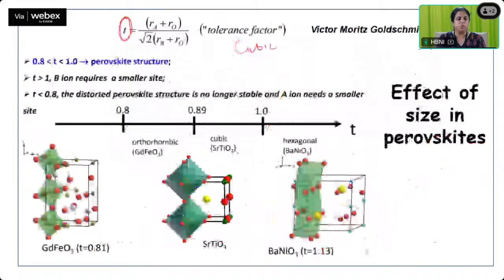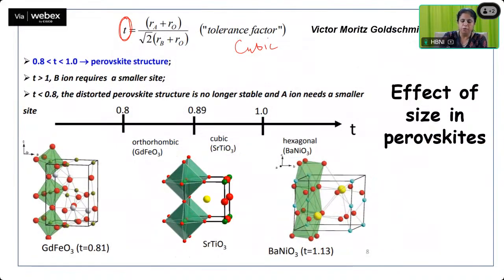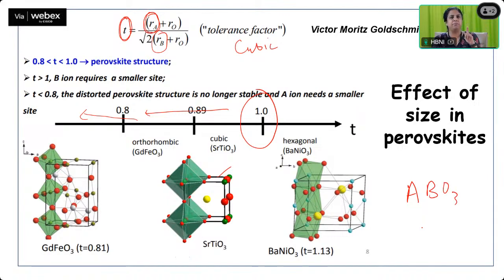And this is what this slide is trying to tell you: when you have tolerance factor as 1, you have cubic structure. As you decrease it, decreasing the tolerance factor means you are decreasing the size of A or increasing the size of B, right? It will become orthorhombic. That is your polyhedra tilting to fill in the space. If you keep going lower, there are a variety of structures possible wherein your composition will still remain ABO3.